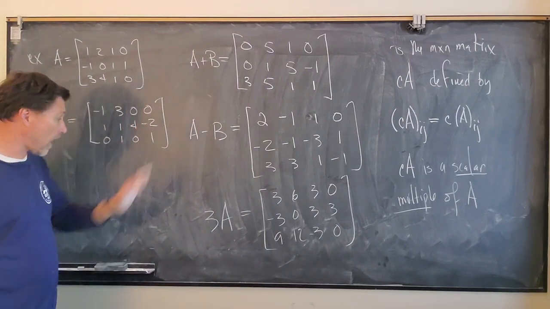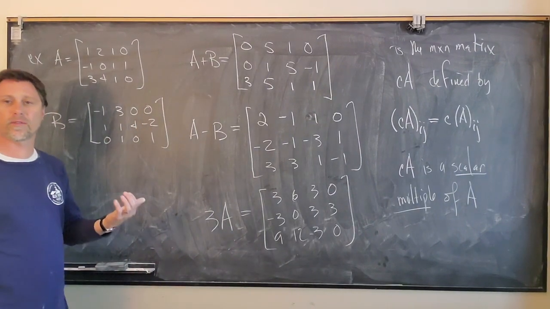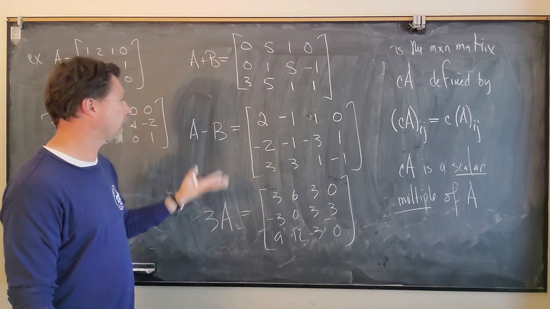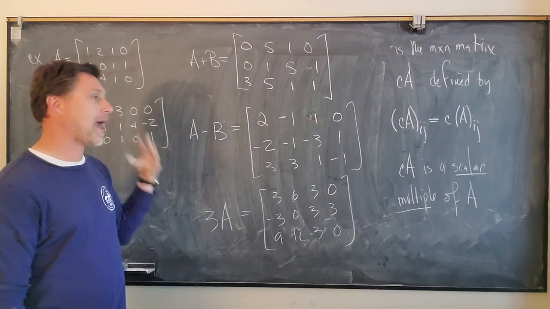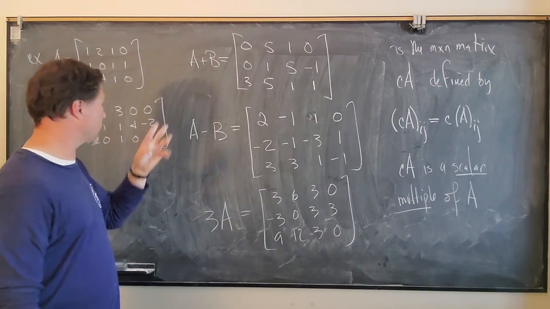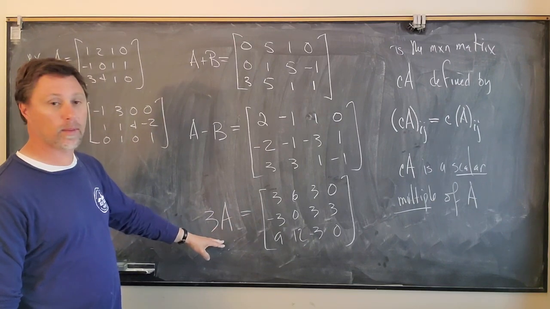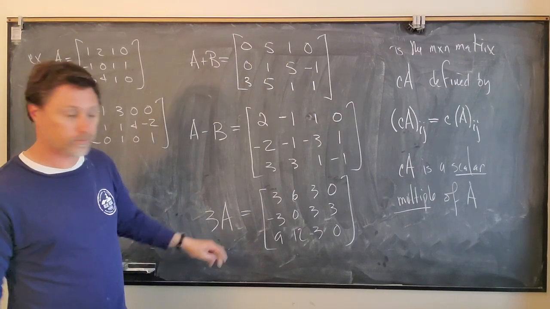Okay, so there are 3 operations, easy to define, and fairly obvious, kind of self-explanatory where these came from: adding matrices, subtracting matrices, multiplying a matrix by a constant.